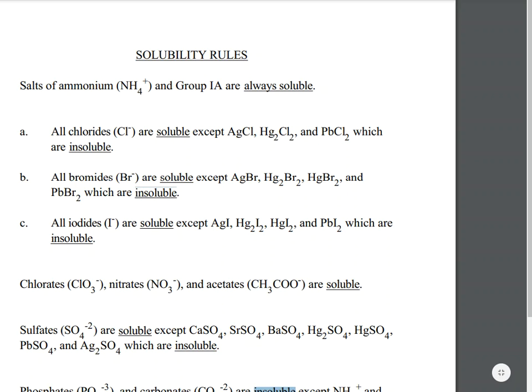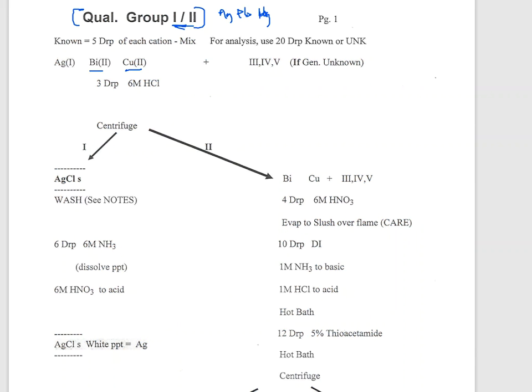But if I take a look at the lab document, we've listed silver, but where is mercury and where is lead? Well, here's the story, folks. We don't like to use it. This is a health hazard. These are environmental hazards. We don't like to go through the extra hoops of taking care of silver waste, lead waste, and mercury waste.